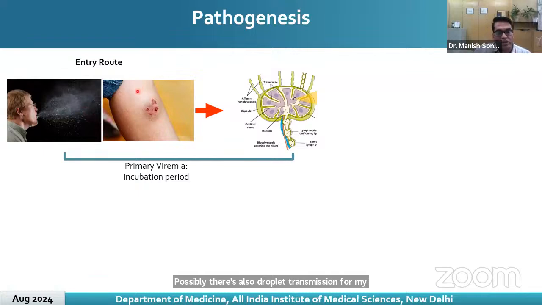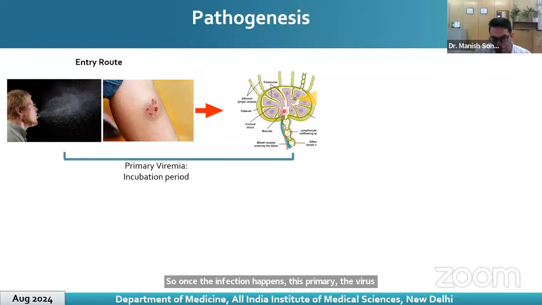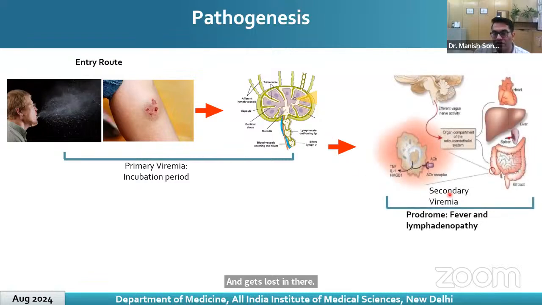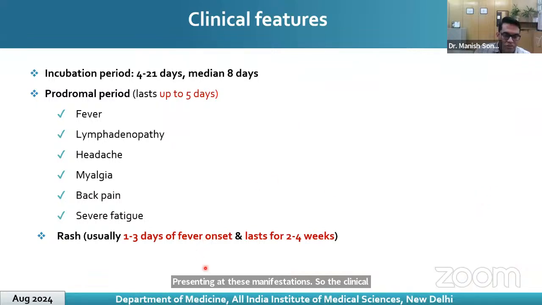Once the infection happens, during primary viremia the virus goes into the lymphatics and gets lodged there. It replicates there. Then during secondary viremia, it goes to different organs, liver, heart, brain, and to the skin, presenting as these manifestations. So the clinical features happen during this secondary viremia phase. Traditionally and classically, we have been taught that the incubation period for Mpox is 4 to 21 days.